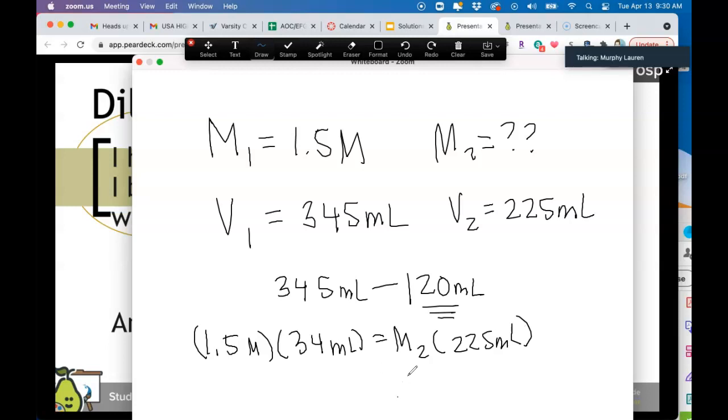So this comes out to be 0.23 molar. Uh-oh, did I do something wrong? Ooh, sorry. My 5 stuck on my calculator. 2.3 molar, sorry. So my original concentration was 1.5, but when I got rid of some of the water, it became more concentrated.